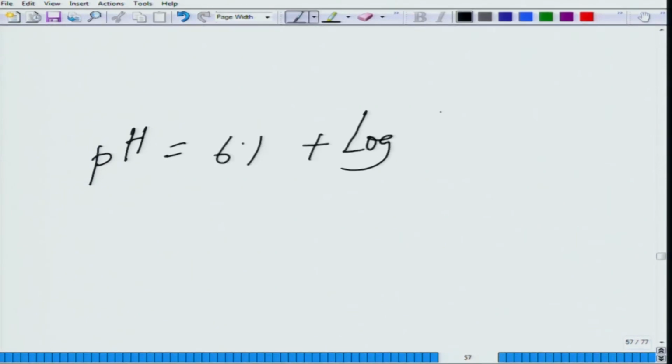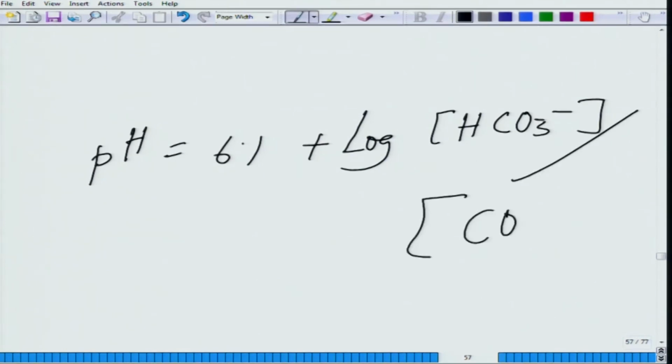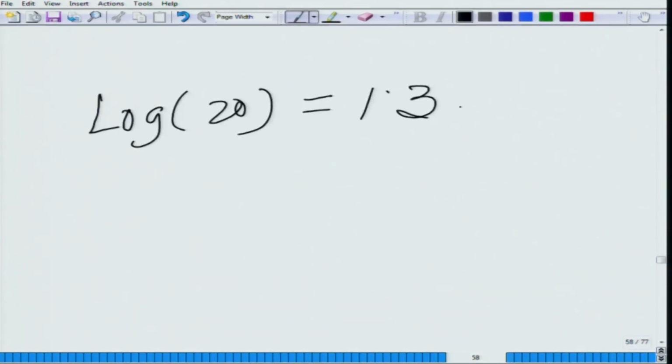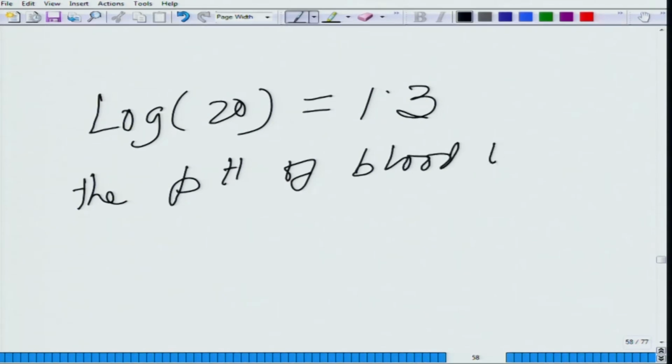log of HCO3 minus molar concentration divided by the concentration of CO2. This is very, very important. Okay? And if you see that, if we say the value of log 20 is equal to 1.3, the pH of blood in that situation will be 7.4.